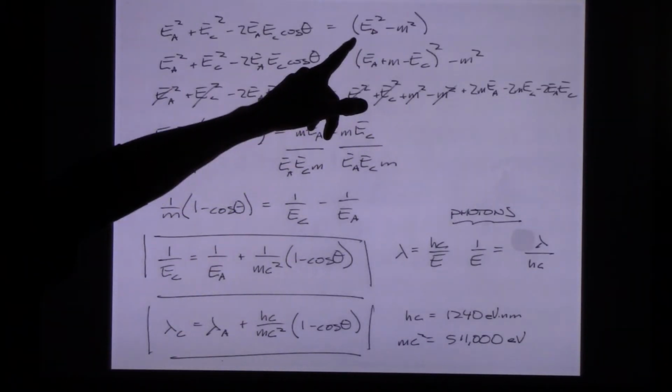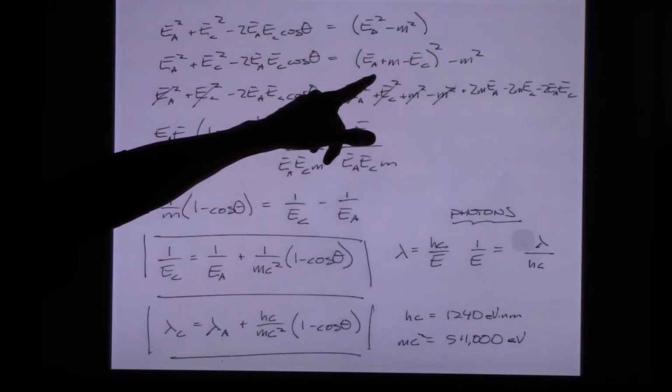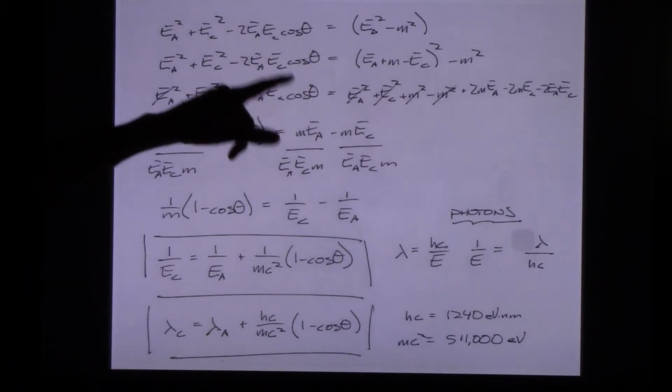What that has done is gotten rid of the ED and replaced it with EA, M, and EC. So now we've gotten rid of everything that we needed to. In this formula we've included both components of momentum conservation, we've included energy conservation, and what's left is the mass of the electron.